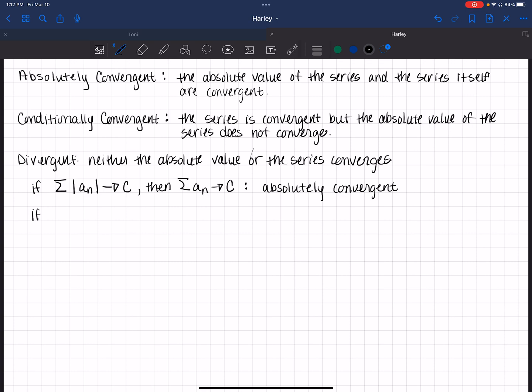So, if the summation of the absolute value of the series is divergent and the summation of the actual series itself is convergent, this is called conditionally convergent.